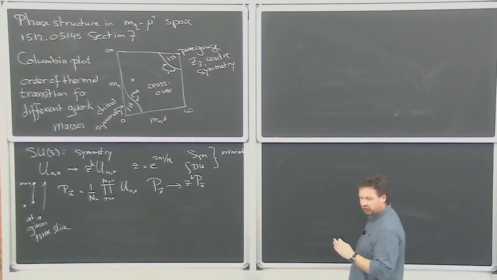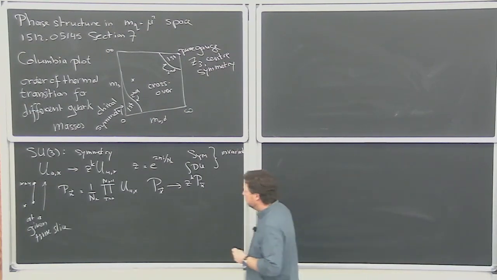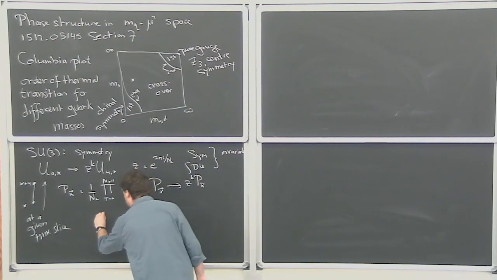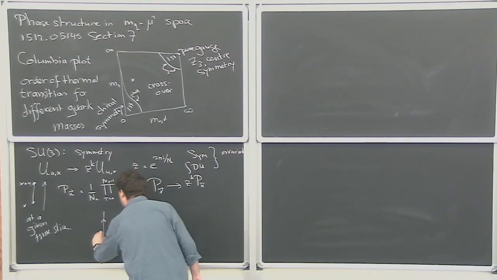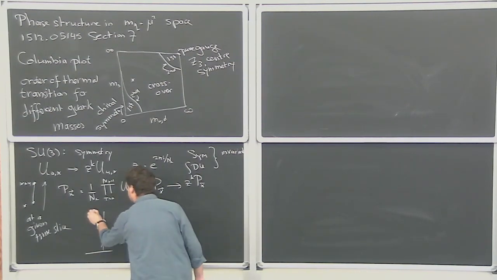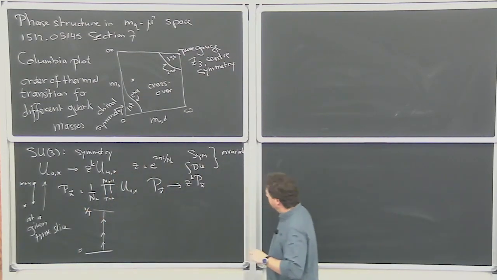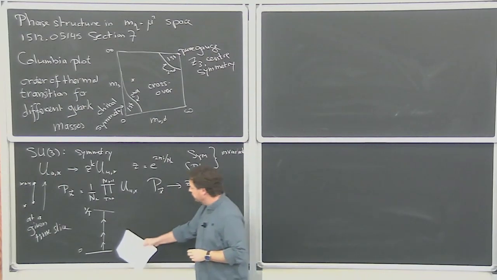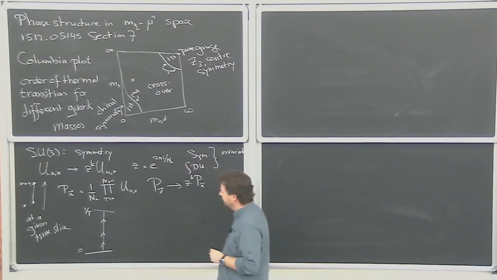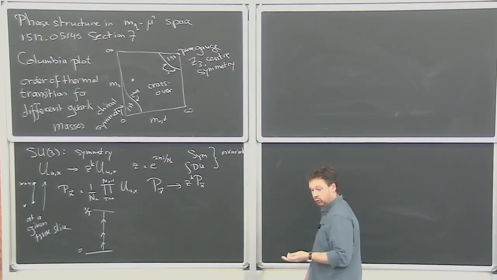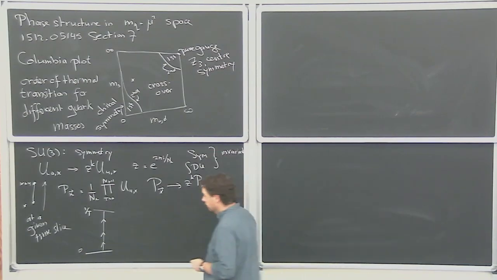Then we made a connection with confinement by saying that the Polyakov loop, which is all the temporal links multiplied, going from 0 up to the end of the lattice, which is 1 over the temperature, is actually the world line of a static quark.